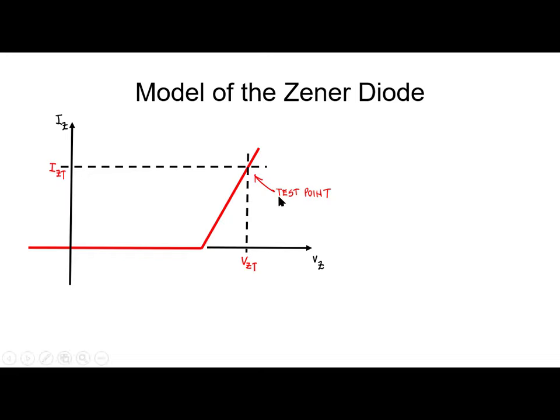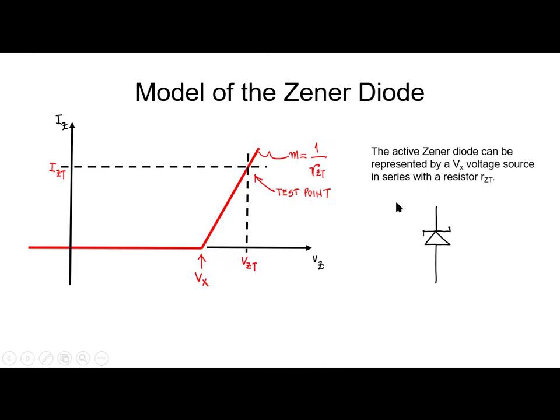They also give us the slope, or rather the inverse of the slope, RZT. We will extend the tangent through the test point until it intersects the horizontal axis at a point Vx. The active Zener diode can be represented by a voltage source with the value Vx, this value, in series with a resistor RZT. That is easy to demonstrate.